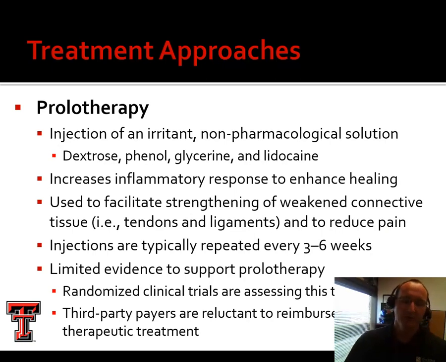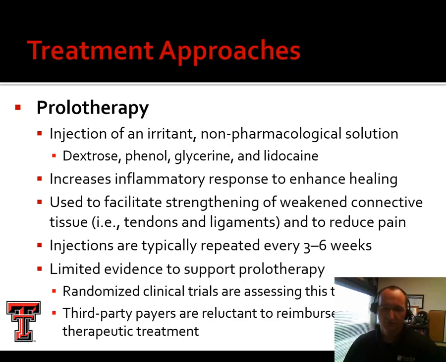Okay, so with prolotherapy, they will inject an irritant, this non-pharmacological solution, dextrose, phenol, glycerin, lidocaine, and the intent here is to actually increase the inflammatory response to trigger healing. Sometimes if we end up in this kind of chronic low-level inflammation phase, then we need something to break that cycle.